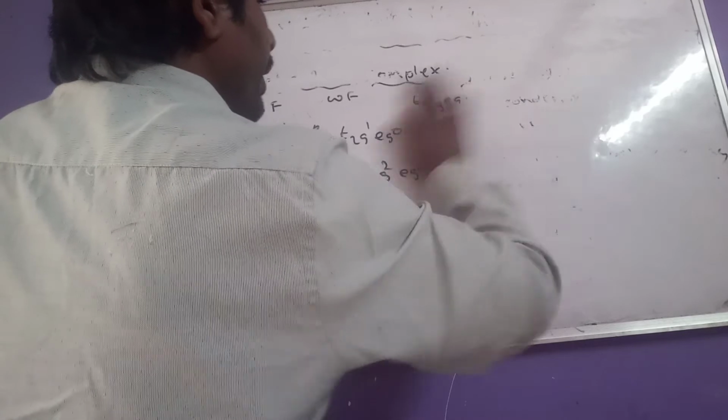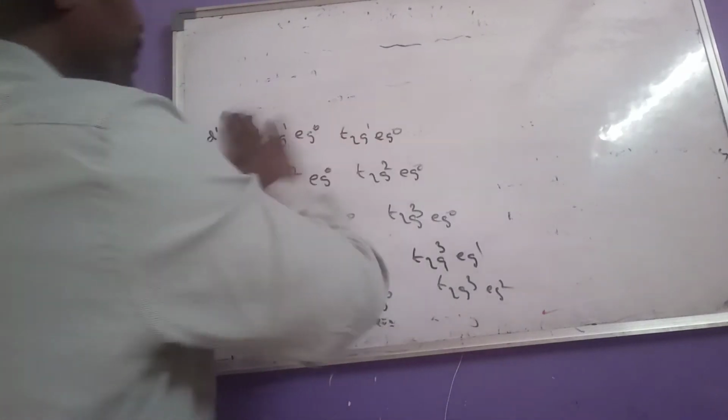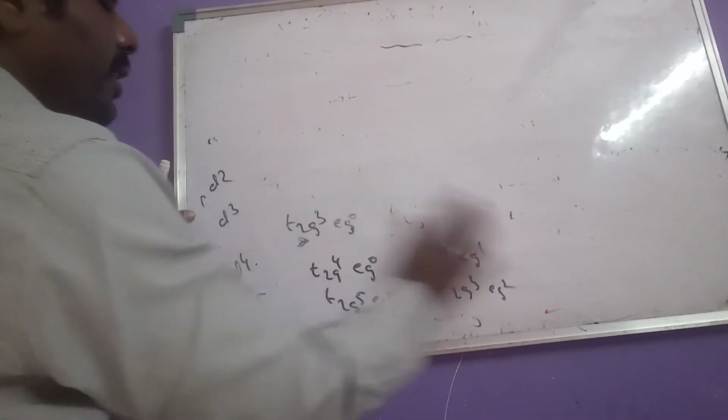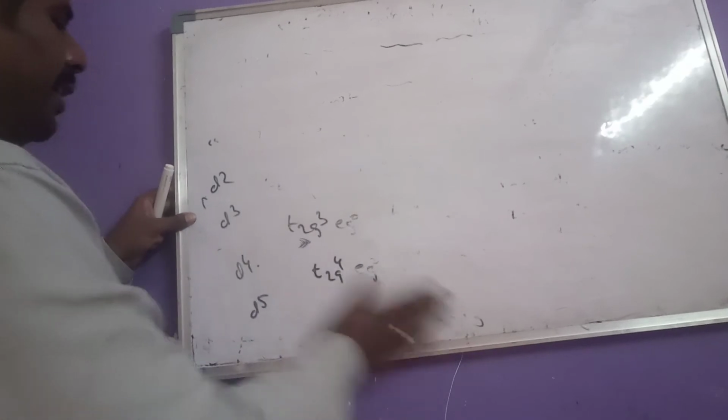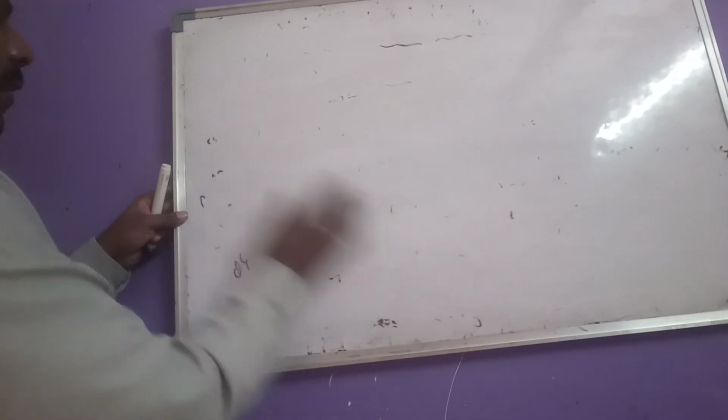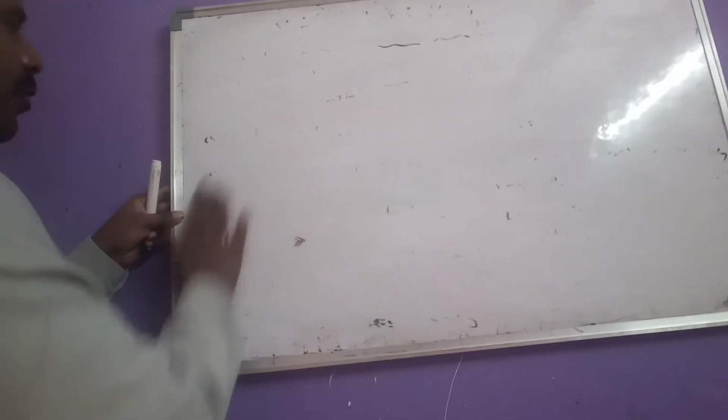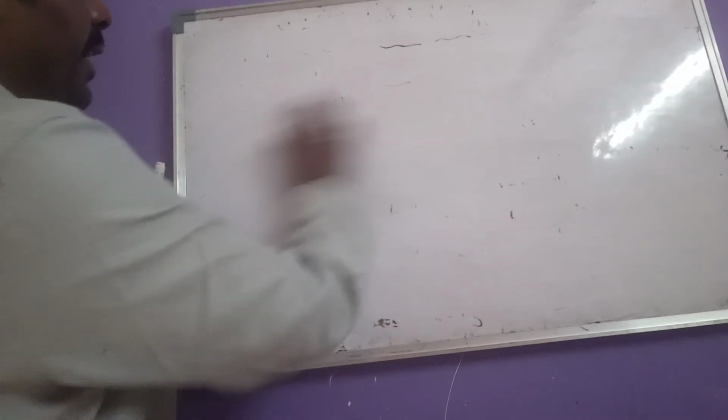We already gave one hint: the t2g set of orbitals decreases in energy by a factor of 0.4 for each electron.